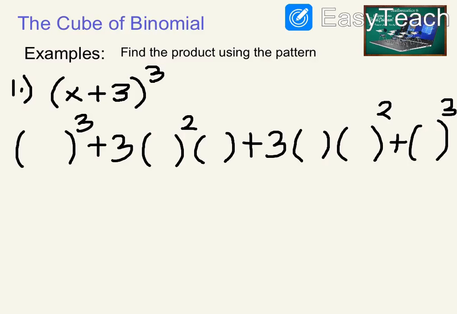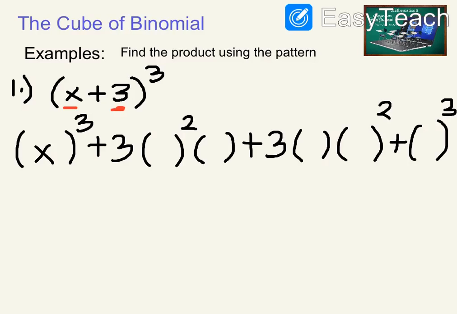So all you have to do is to plug in the first term. So the first term there is x. This is the second term, 3. Okay, second term is 3. So plug in the first term. The first term is x here. So we have x cubed.